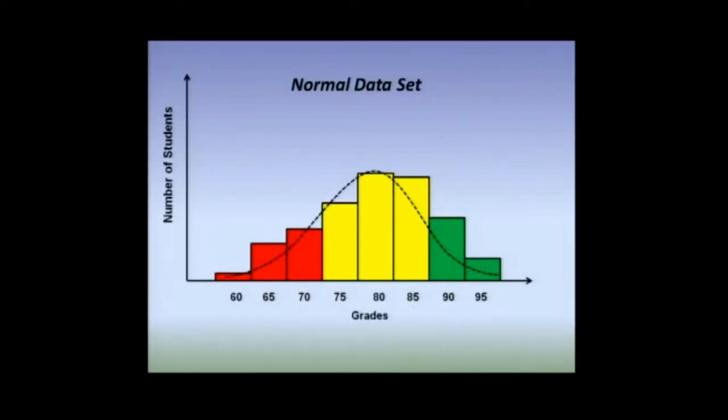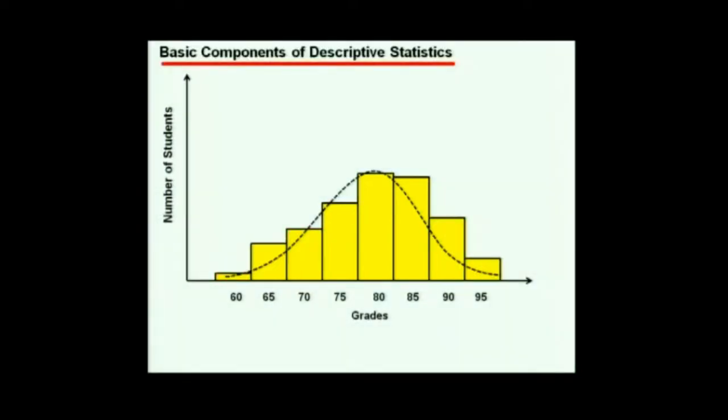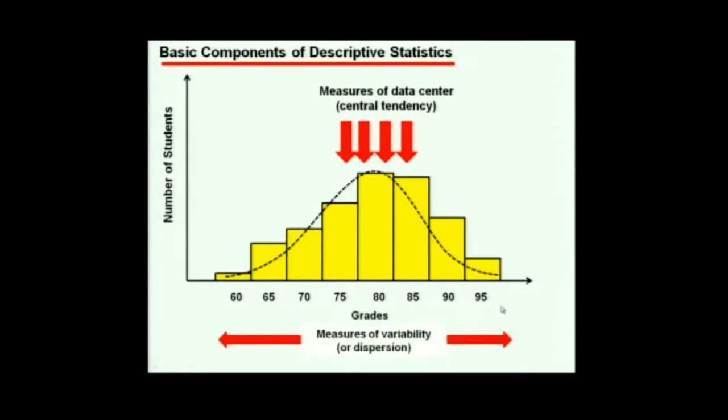How do we describe a normal data set? Well, the first thing we need to do is describe the center of the normal distribution or the normal data set. There are measures of data center, or what's called measures of central tendency. And then after we describe the center, we need to be able to describe the spread or the variability in the distribution.